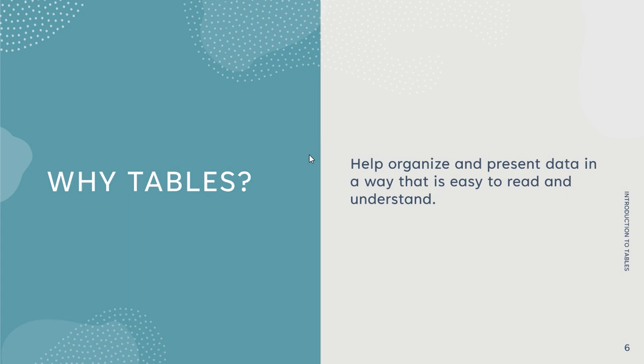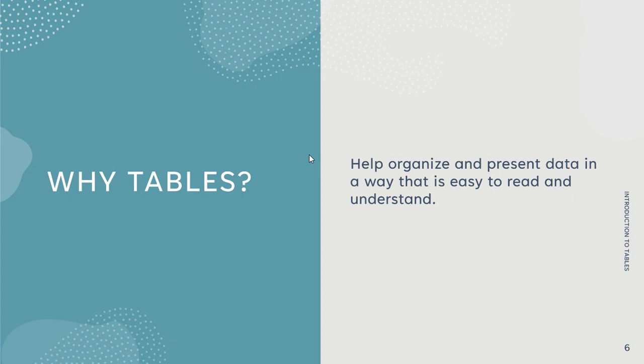So why is there a need to present data using tables? Of course, as a developer, if you are given a Figma file that has a table for you to code, you have no choice, you have to code it. So that is a reason. But then tables help to organize and present data in a way that is easy to read and understand. So that is why tables are used on web pages, on documents, and other places.